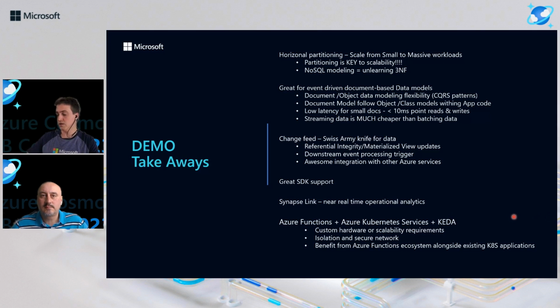So either in a platform as a service or inside Azure Kubernetes Service and KEDA. For this use case, whether you need custom hardware or specific scalability requirements, if you need isolation and a secure network, you can benefit from Azure Functions with this integration in the Azure ecosystem alongside existing Kubernetes services.